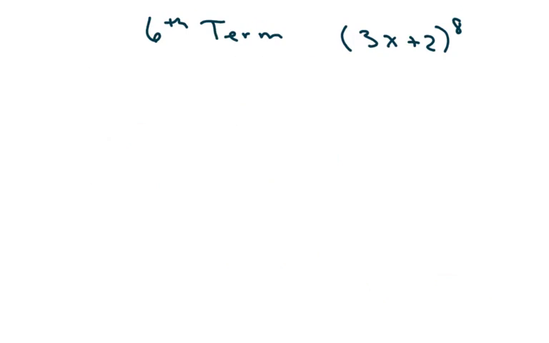Okay. And the last one, we have the sixth term of this binomial. And what I'm going to do is write this as 8. That's wanting the 6, so you go down 1. So that's 5. Again, you want to write it out, you can. Then we have 3x, and we have 2.